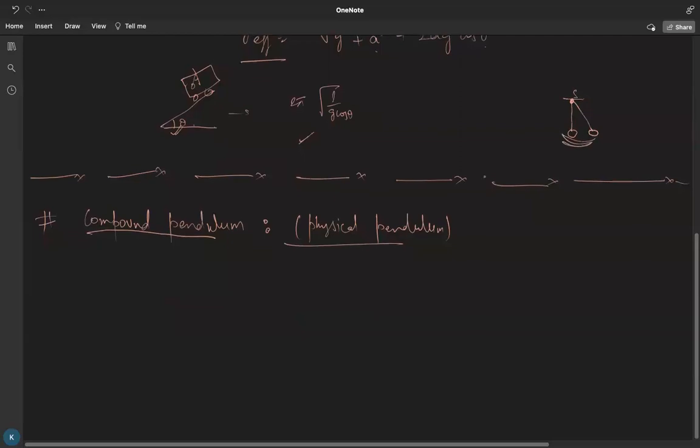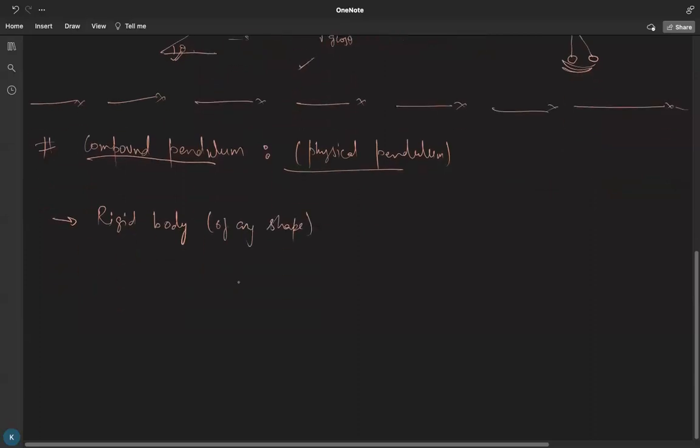In a compound pendulum, we have any rigid body, whose shape can be anything, which is free to oscillate about its suspension point. Let me write its definition: a rigid body of any shape which is free to move, or oscillate, about the suspension point is called a compound pendulum.